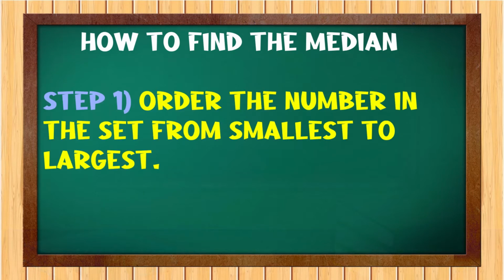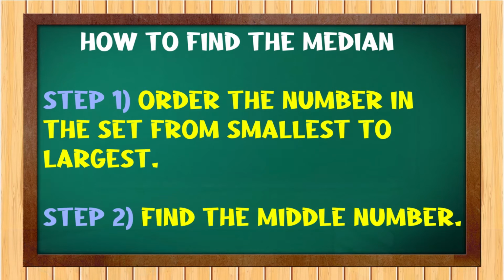Whatever numbers you are given, you have to place them in ascending order. It means that you will go from the lowest number to the highest, or from the smallest to the largest. The next step, you will look for the number that is found in the middle.